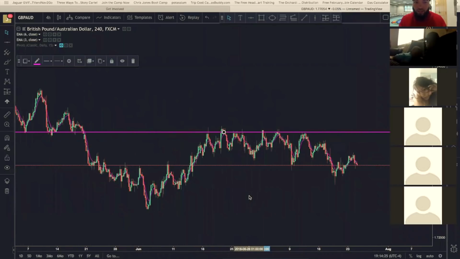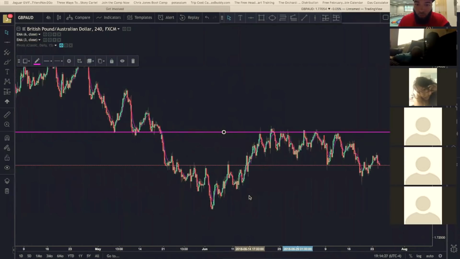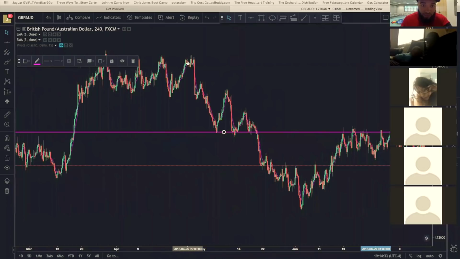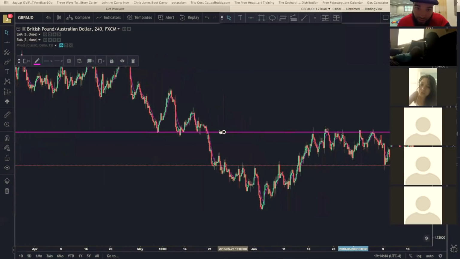But look at this. What made it even better is the fact that price came down to this level from way up here and bounced off of it, came up, tried to break through it again, couldn't break through it, right? And it bounced right back up, came down again, kind of played around with it. But as you can see, the selling pressure is getting harder and harder.